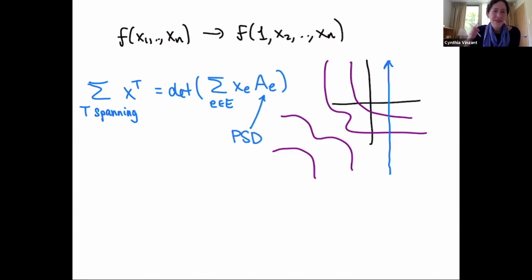And it's very explicit. And so these are actually stable. And so, for example, you can show that this satisfies this negative dependence property.